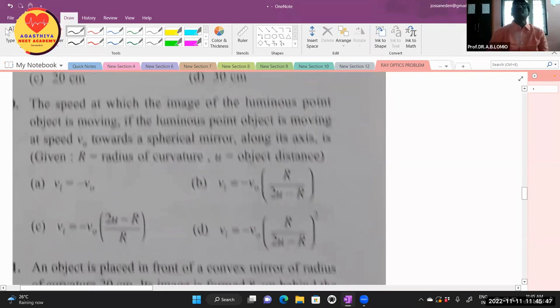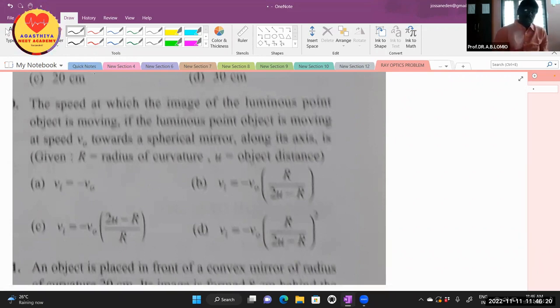The speed at which the image of the luminous point object is moving, if the luminous point object is moving with the speed v0 toward the spherical mirror along its axis, is: option A, Vi is equal to minus V0.